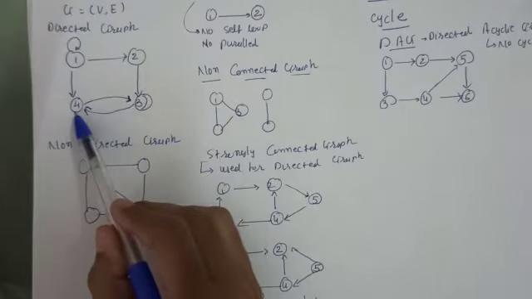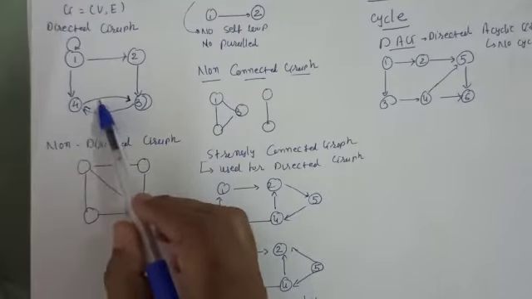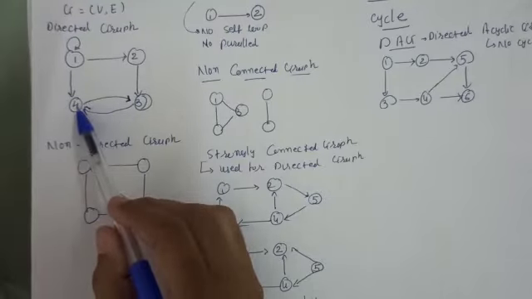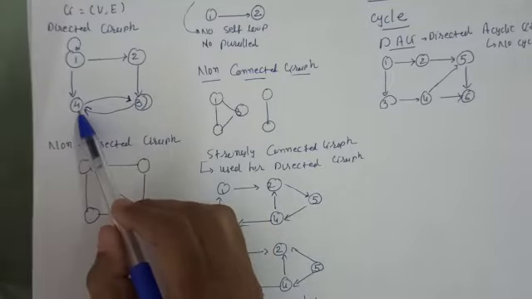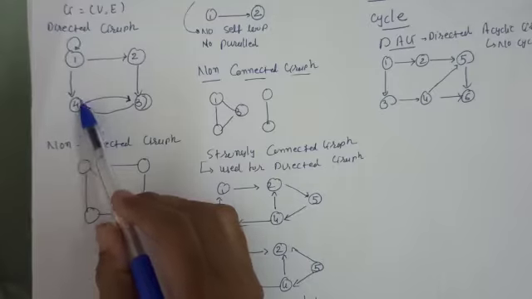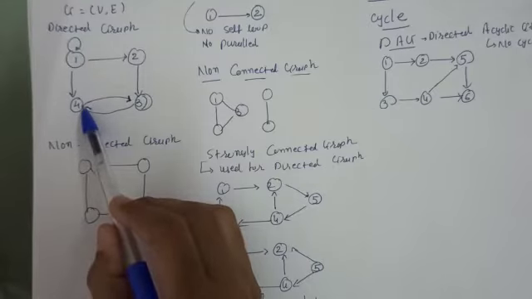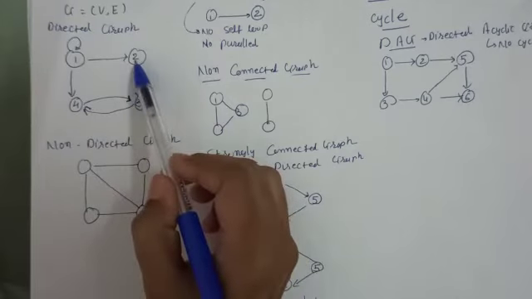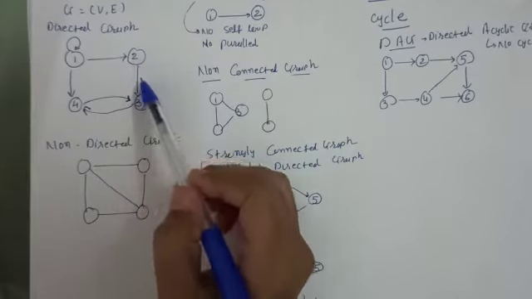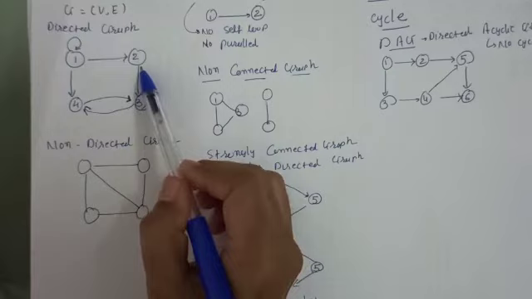But out degree means the total number of edges going out from that particular node. So here the out degree of this node is 1. One more example: here node 2 has in degree 1 and out degree 1.